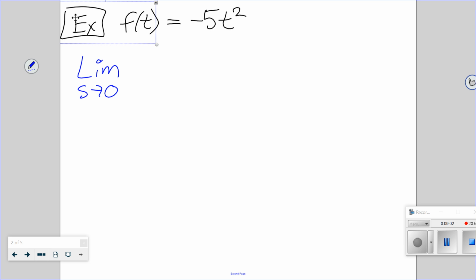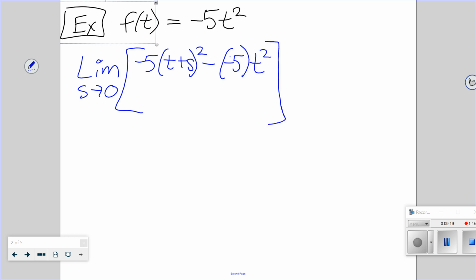I like a big bracket just to kind of organize my thoughts. I have t plus s squared, and then minus negative 5 times t squared. And then on the bottom, I have t plus s minus t. Aren't I about to divide by 0? It looks like I'm going to try to. But we soldier on.